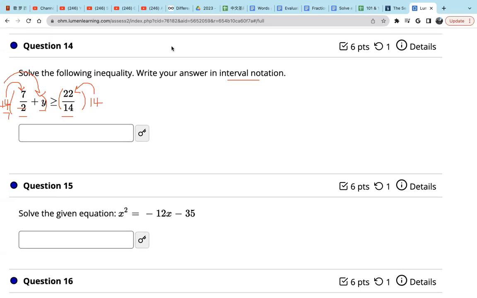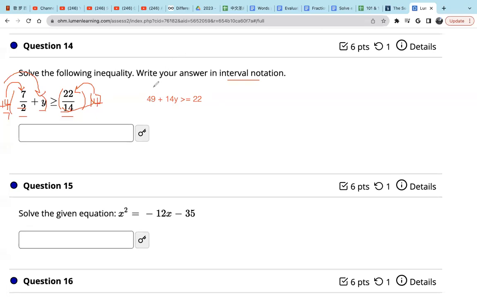So 7 times 7, we get 49. 49 plus y times 14, that's 14y, greater than or equal to 22/14 times 14, it just becomes 22. This 14 is numerator, this 14 is denominator, so those two cancel to be 1. 1 times 22, so 22.